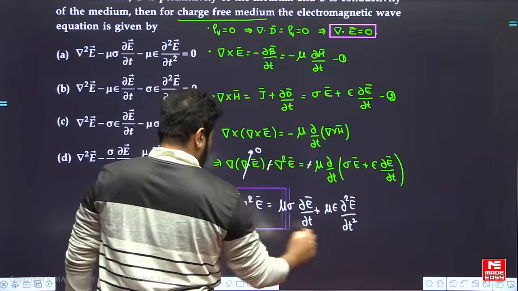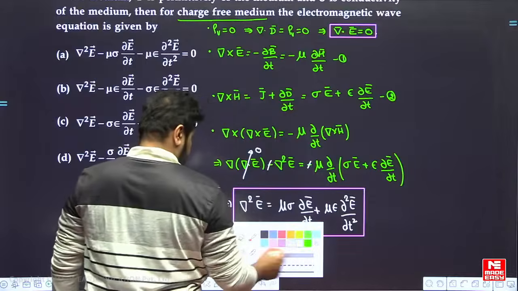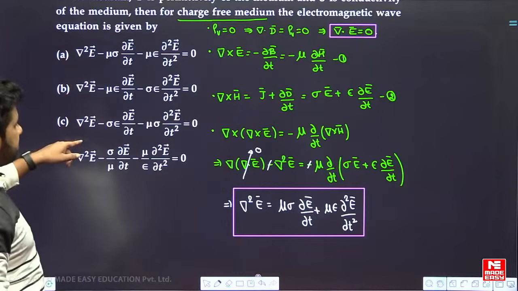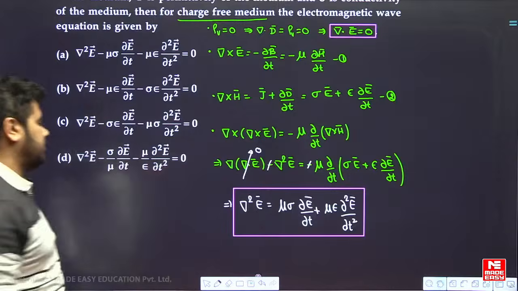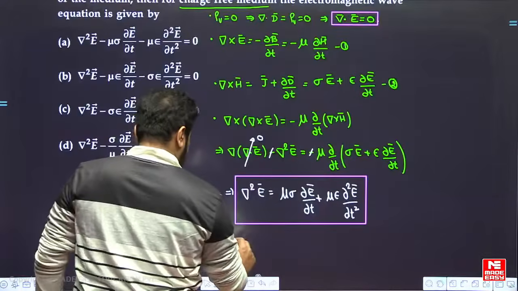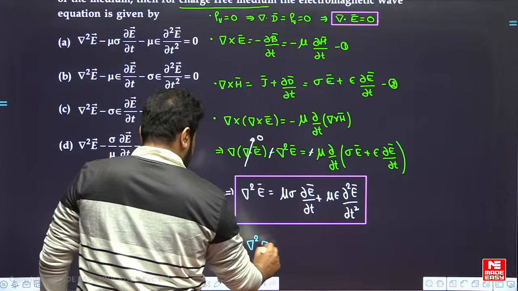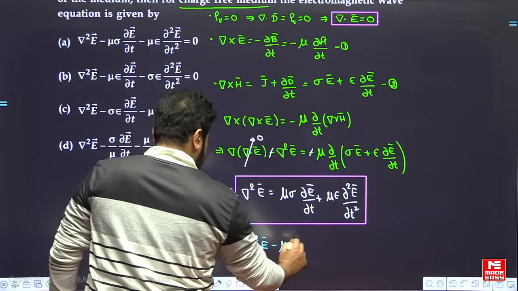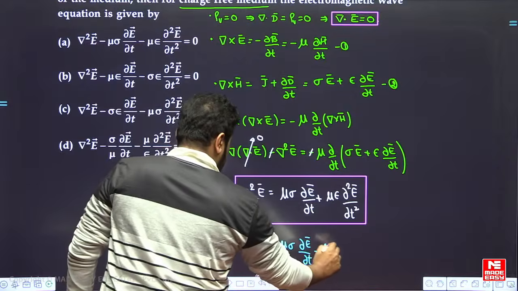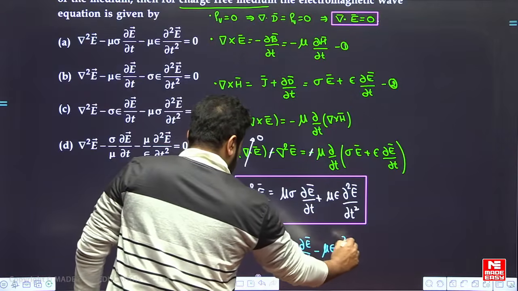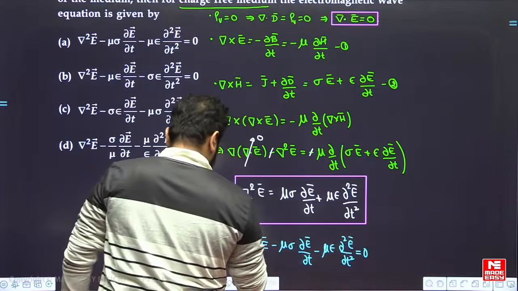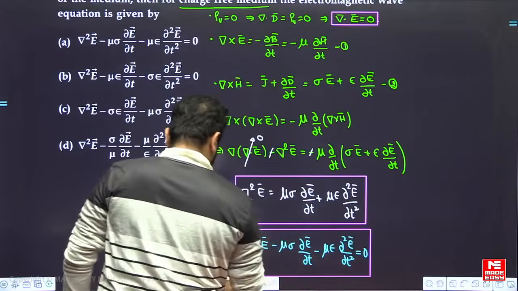Taking everything to the left side, we get del square E minus mu sigma del E upon del t minus mu epsilon del square E upon del t square is equal to 0. So this will be the final value that we are going to get, right.